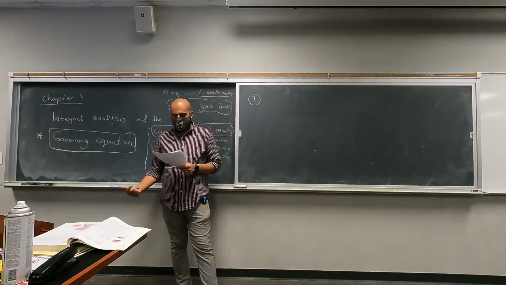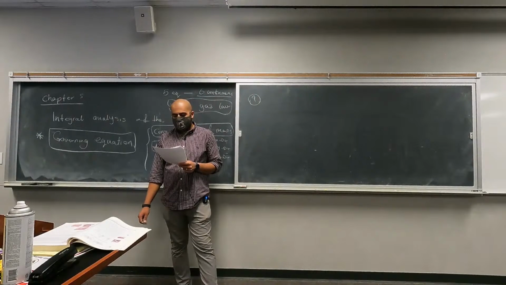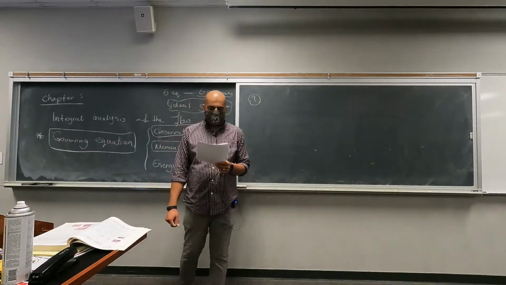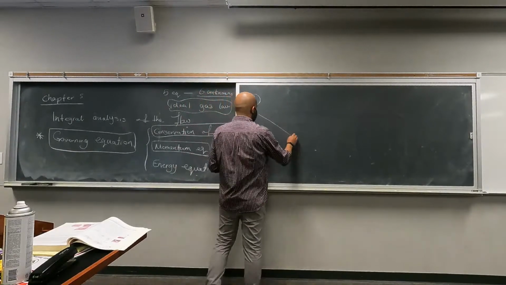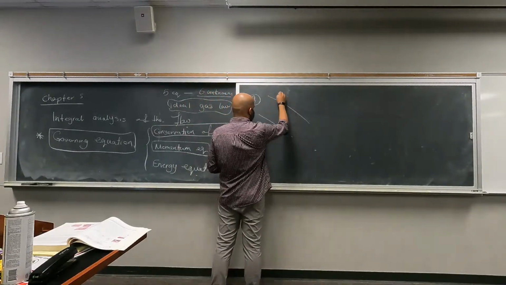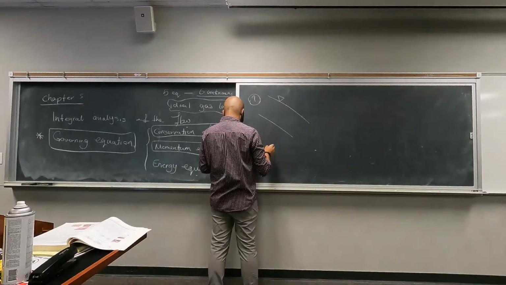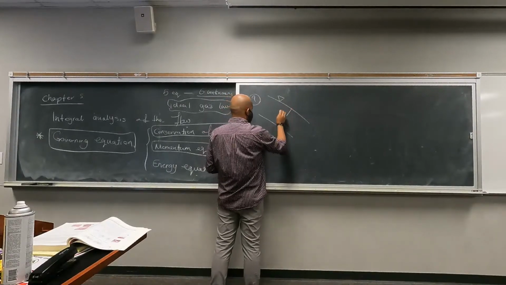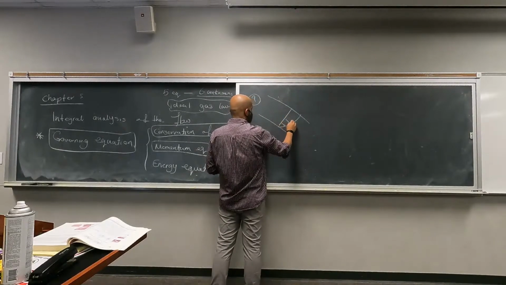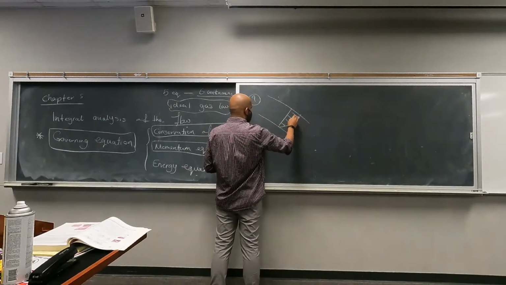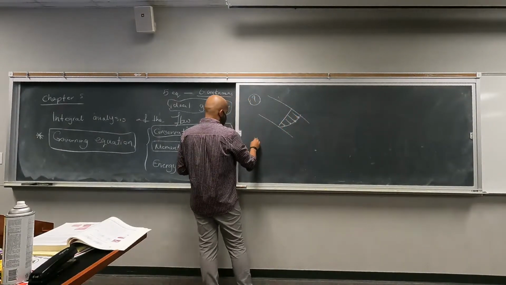Determine the magnitude and direction of the shearing stress that the water exerts on the fixed surface. So we have this fixed surface, right? And we have a velocity. This is not a free surface. We have the velocity distribution like this. Velocity is given to us.